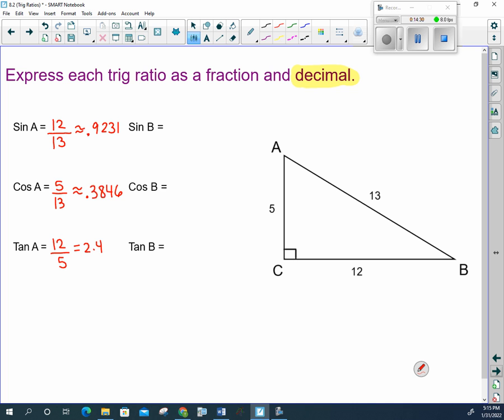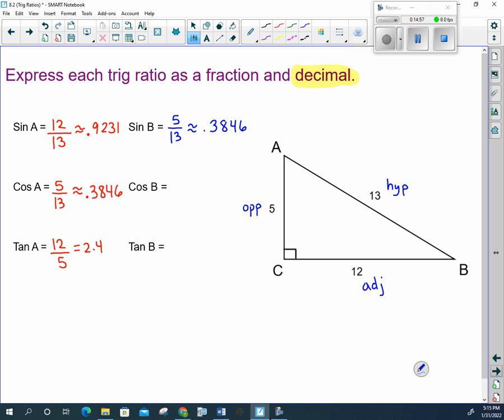Okay, if I'm going to do sine B now, so now I'm at B. So when I'm at B, this is now my adjacent side, this is now my opposite side, and this is now my hypotenuse. So if I'm going to do sine of B, it's going to be 5 over 13, which we've already figured out as a decimal is 0.3846.